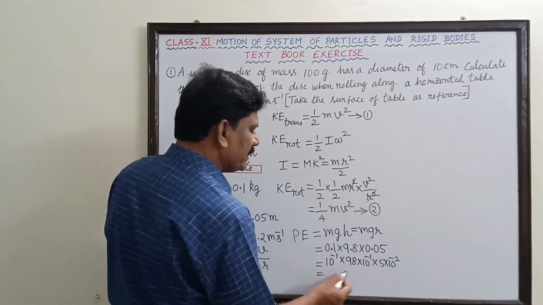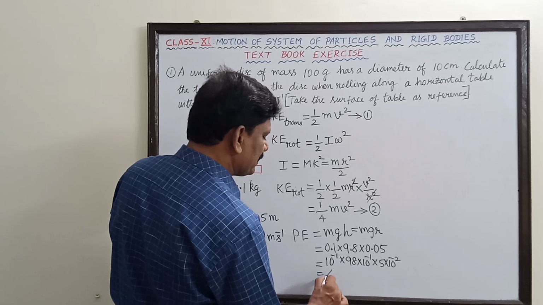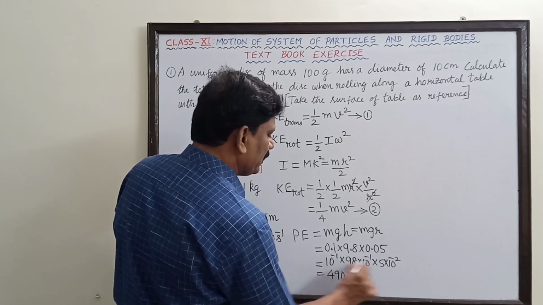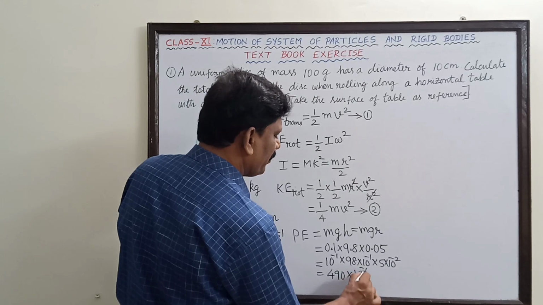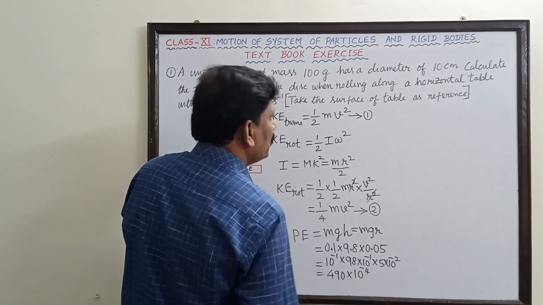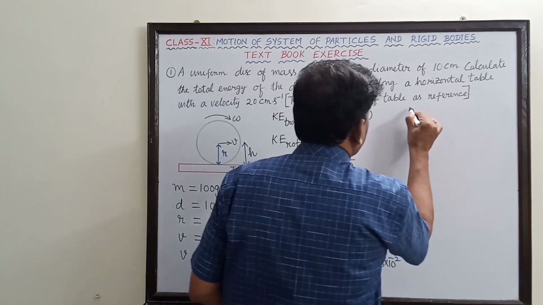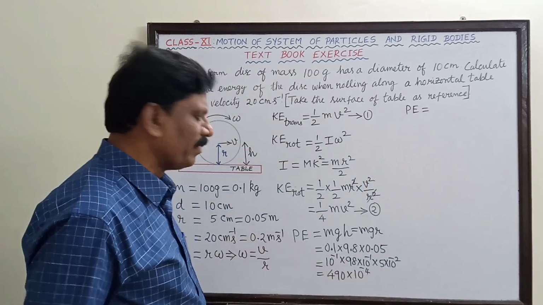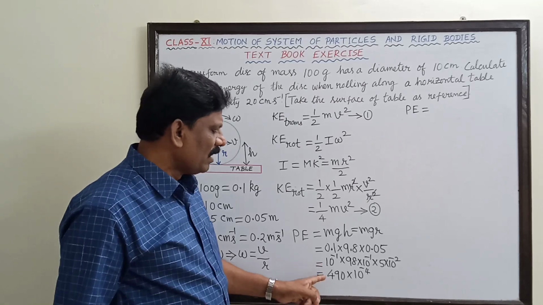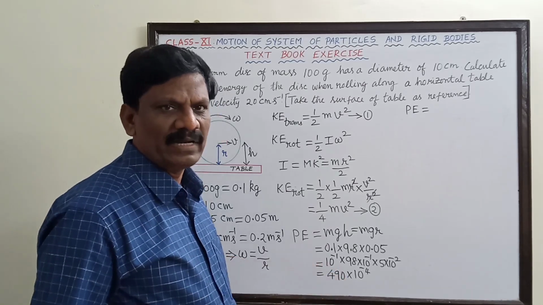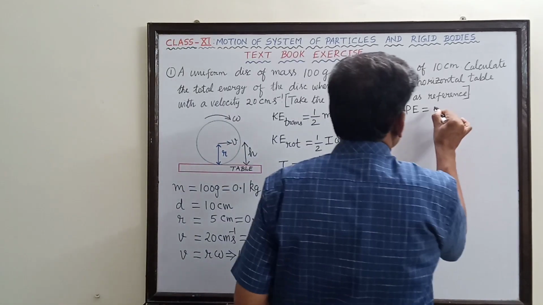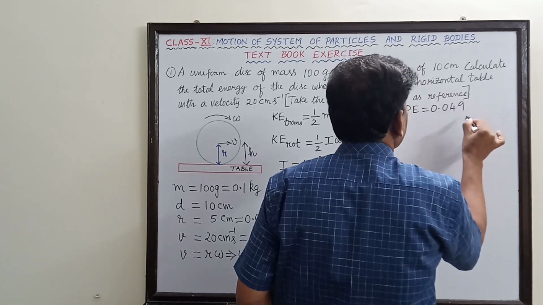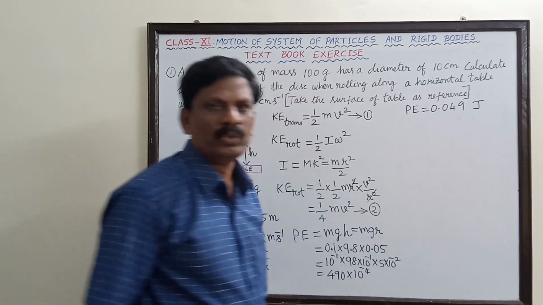So finally you see 98 into 5 is 490 into 10 power minus 4. So potential energy alone is now equal to 490 into 10 power minus 4, which means 0.049. Is it not? The unit is joule.